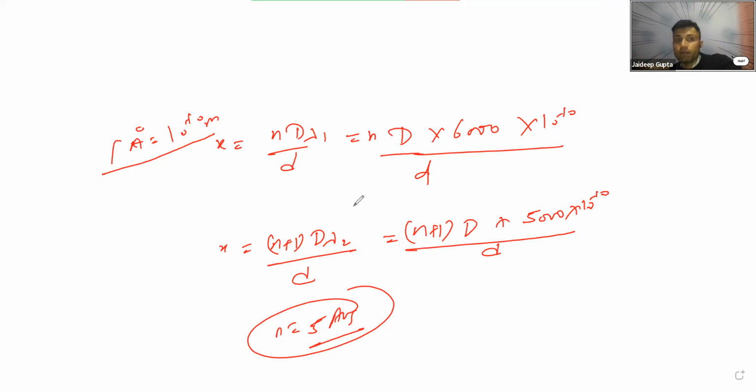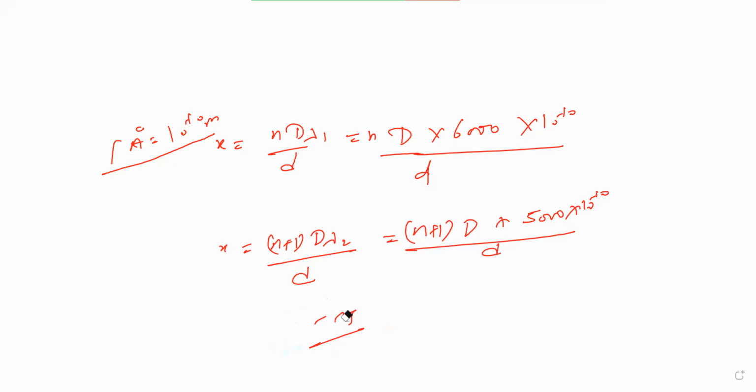So the distance from the central bright is the same. I just equate them. If you equate them, do you have a problem in solving? So I'll solve it for you.